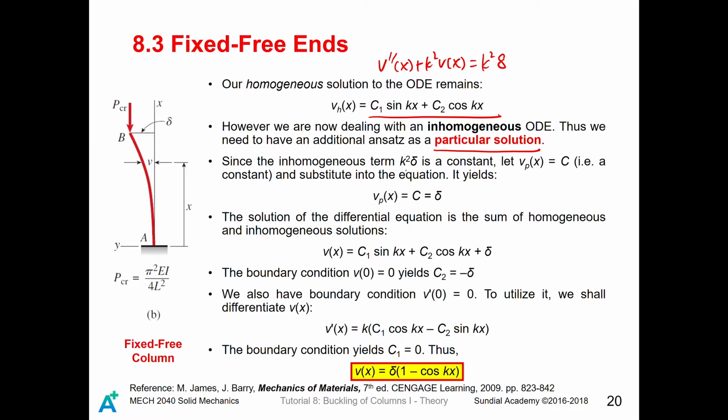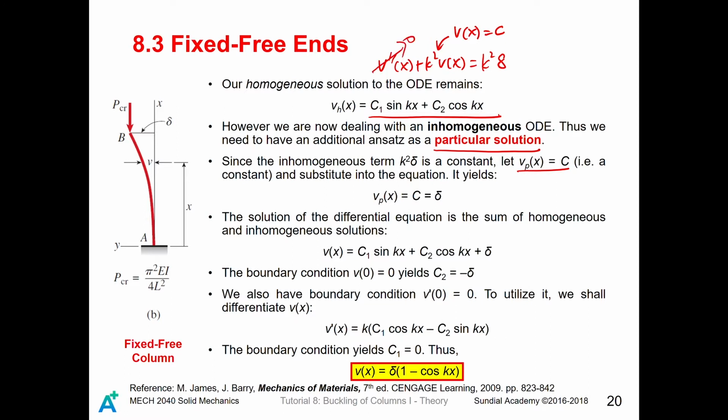Well, we know that k squared delta is actually a constant, so we let Vp equal to C, let the particular solution of this ODE be C, which is a constant, and we substitute it into the equation. If a constant is differentiated with respect to x twice, then it will become 0.